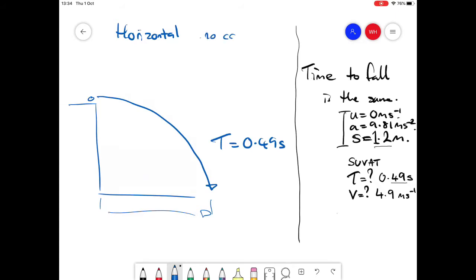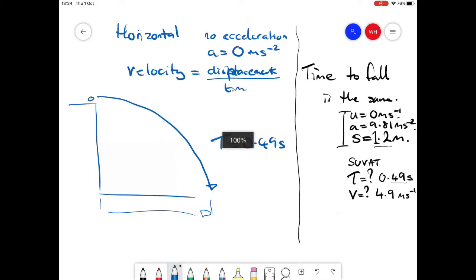Horizontally, there is no acceleration, is there? The only acceleration it experiences is gravity, which is down. So a equals 0 meters per second squared, right? Which means we can use the old-fashioned speed equals distance over time, or velocity equals displacement over time taken, yeah? All we need to know is the velocity.